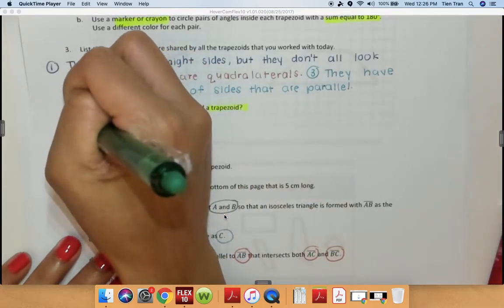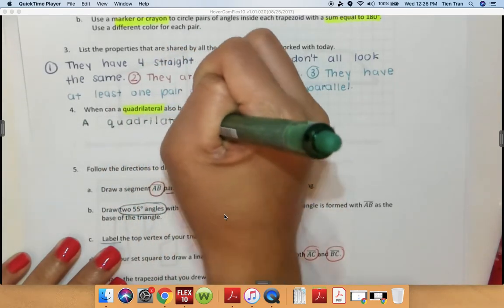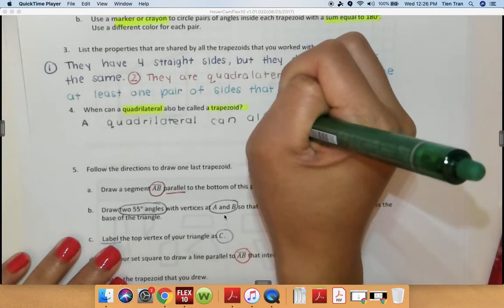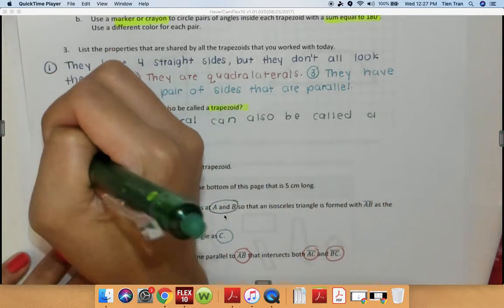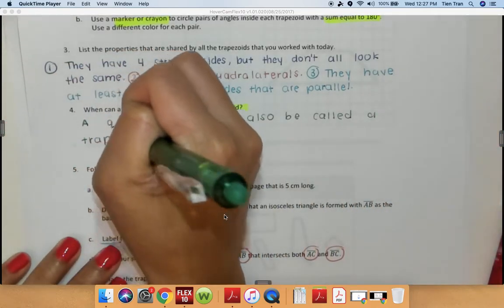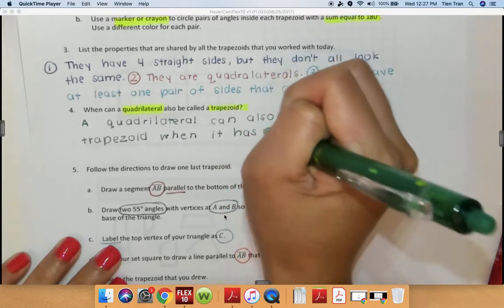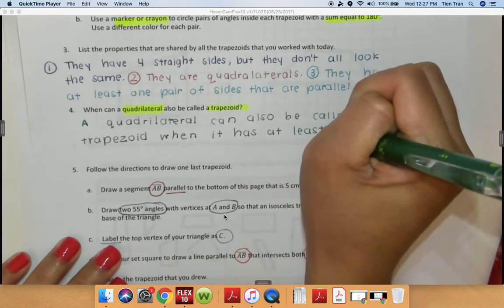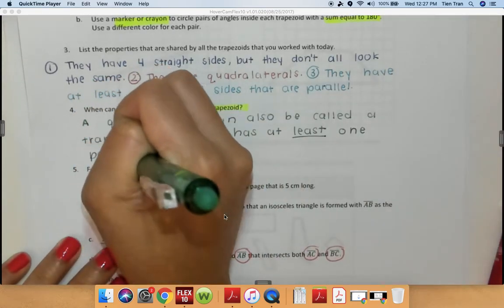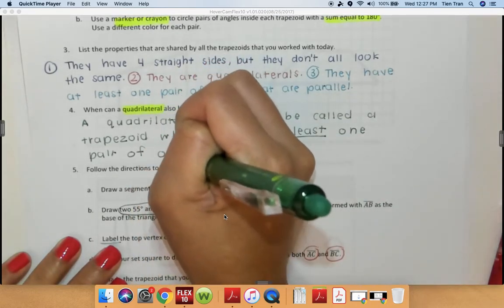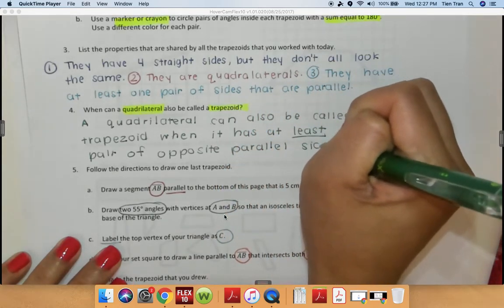A quadrilateral can also be called a trapezoid when it has at least one pair of opposite parallel sides.